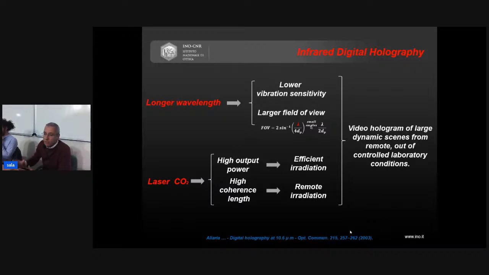Working at a longer wavelength has two advantages: a lower vibration sensitivity and a larger field of view. These two advantages, combined with the high output power of CO2 lasers and their high coherence length, make it possible to record quite easily video holograms of large dynamic scenes from remote distance, even working out of controlled laboratory conditions.